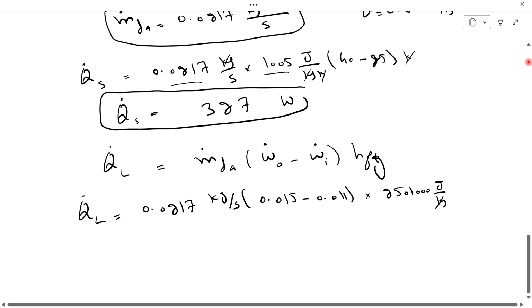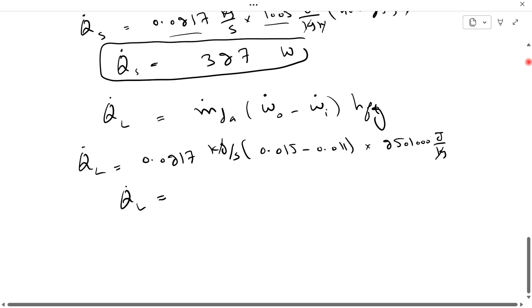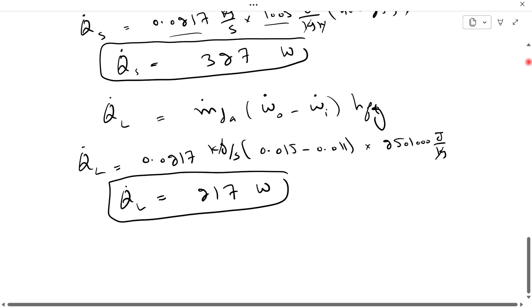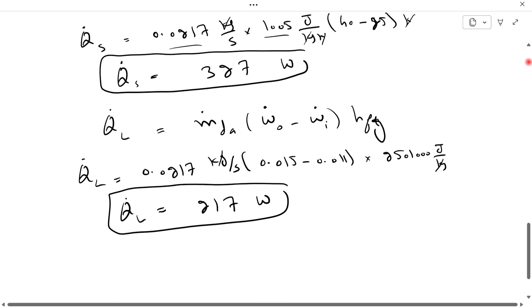So this kg will be cancelled with this kg. Simplify this. So Q dot latent is equal to 217 watt. Now this is the solution of part B.